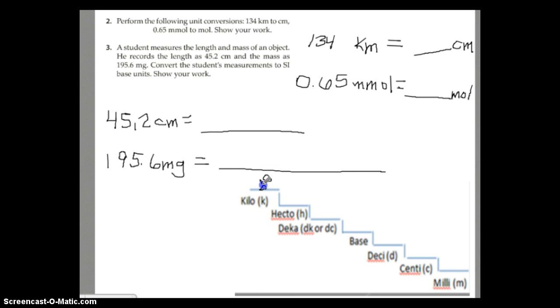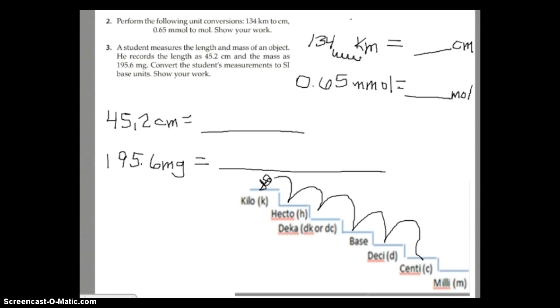So again, you pretend you're a little person on the steps. You start with the unit you're given, and we're going to centimeters. So 1, 2, 3, 4, 5 hops to the right, which means we take our decimal, since it's not given to us, we put it at the end of the number, and we move 1, 2, 3, 4, 5 hops to the right. And what do we fill in all those empty spaces with?